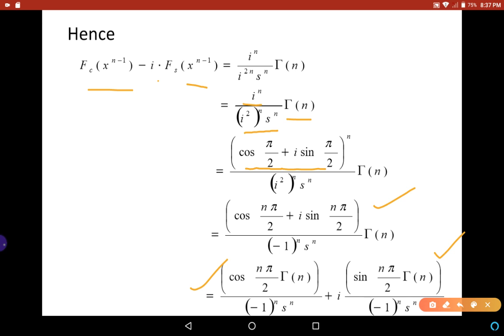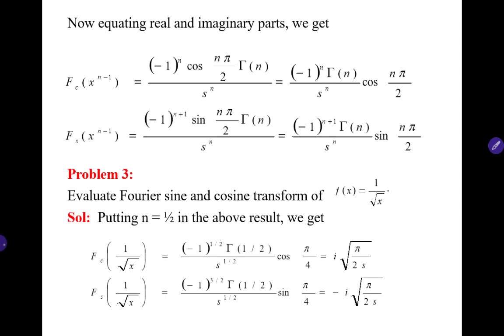Then we obtain the value of Fc of x power n minus 1 and Fs of x power n minus 1. So comparing, we get Fc of x power n minus 1 is (minus 1) whole power n times cos n pi by 2 into gamma of n by s power n, and similarly Fs of x power n minus 1 is (minus 1) whole power n plus 1 into gamma of n by s power n into sin n pi by 2.